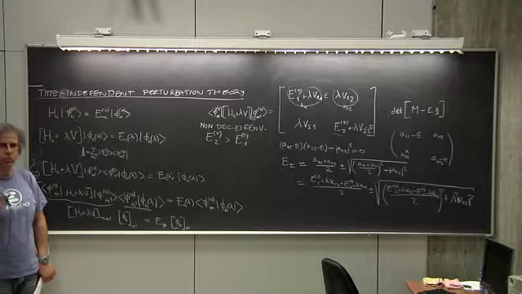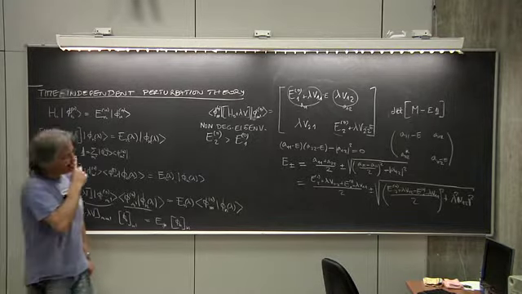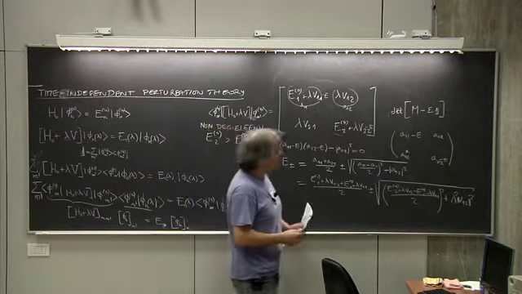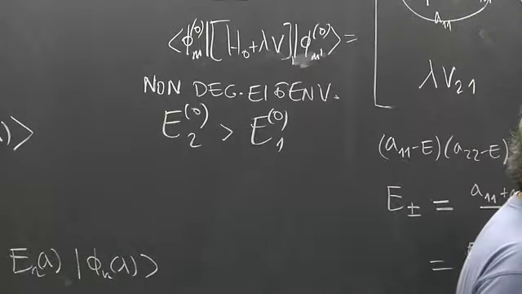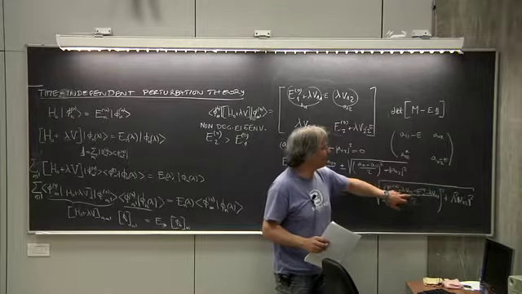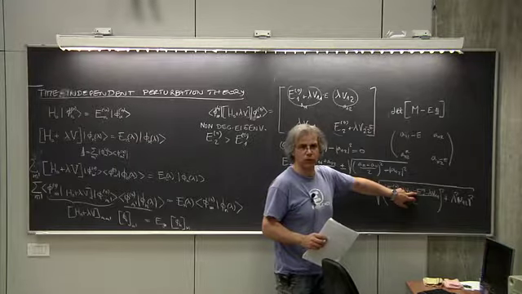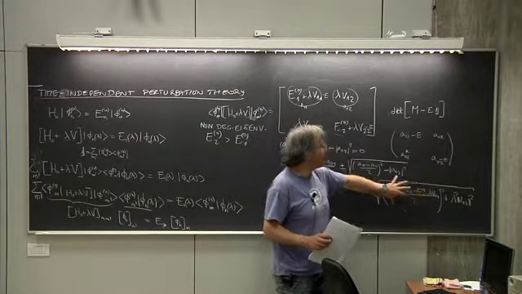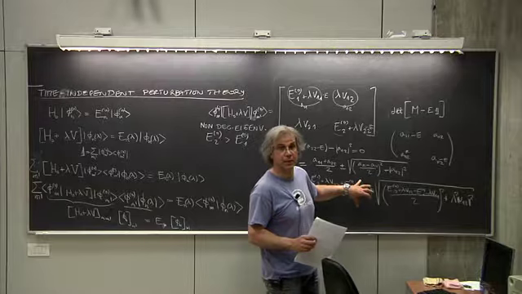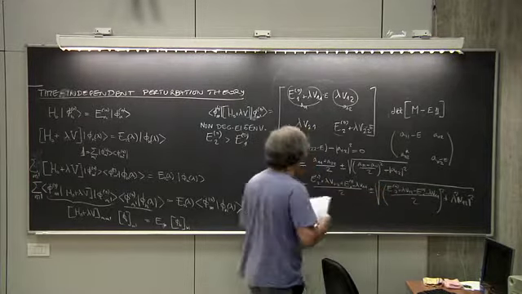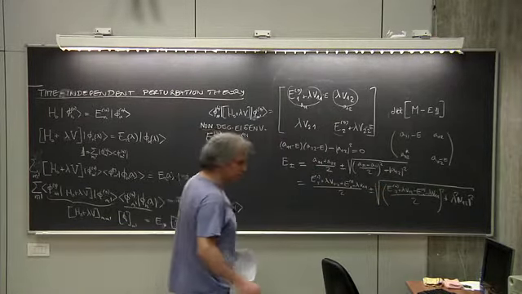Okay? So not equal. Now, you see that if this is not equal to this, this is some quantity which is different from 0 in general, which I can take out of the square root in a reasonably simple way.